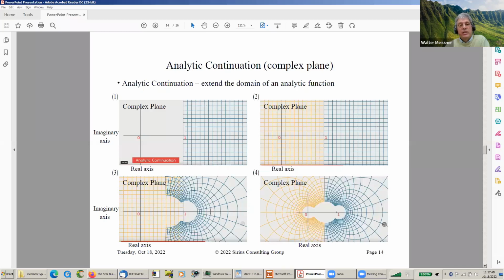And if you look at the intersection of any of these radiating lines with these circular lines, the angle here is also 90 degrees. Most functions are actually analytic, and this is why the extension is called analytic continuation.